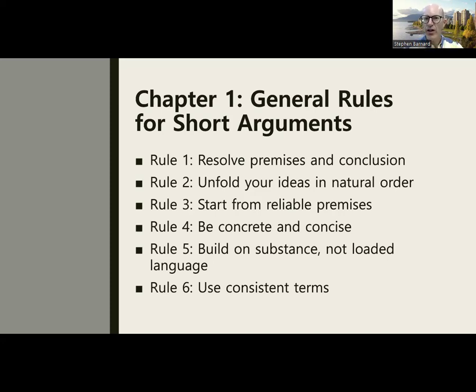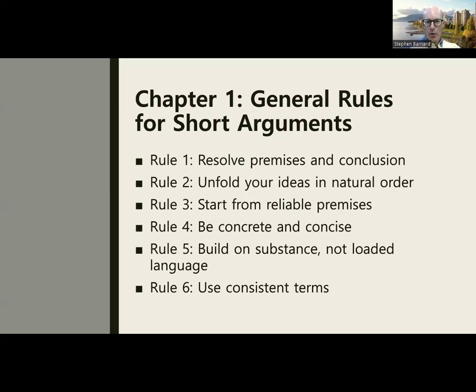Or do you want to start listing premises that the listener will agree with and slowly lead them to a conclusion which they might not have thought of or previously approved of? Number 3, starting from reliable premises, and that's one I shall be talking about in a little bit of detail. Being concrete and concise, building on substance, not loaded language, and using consistent terms.